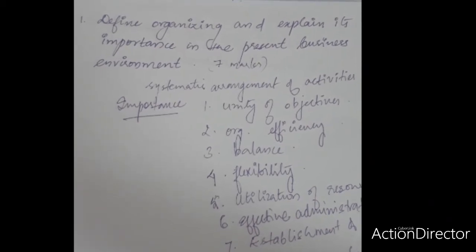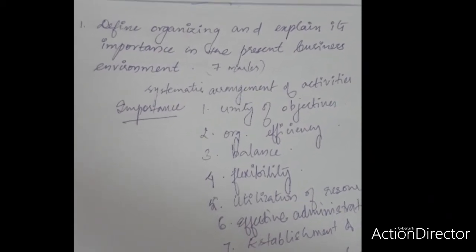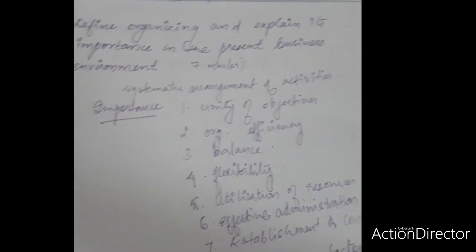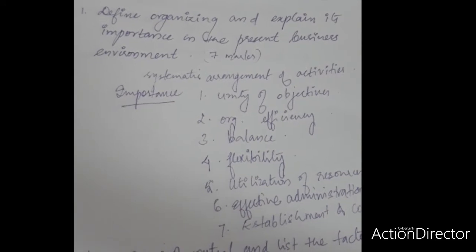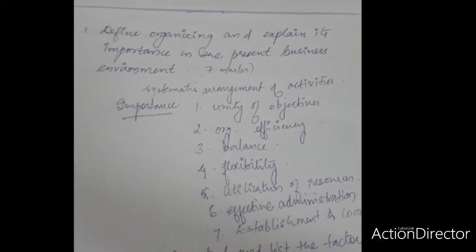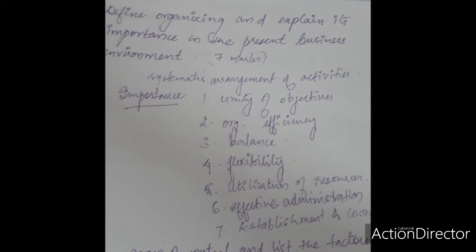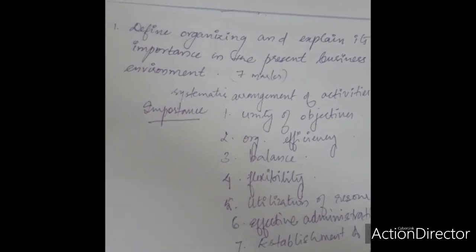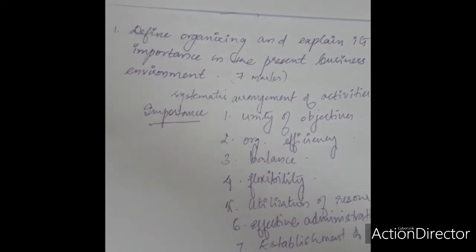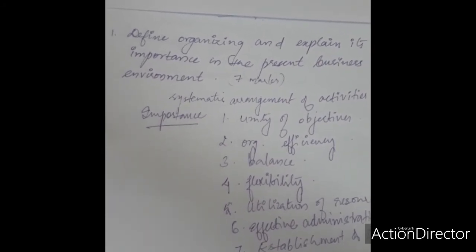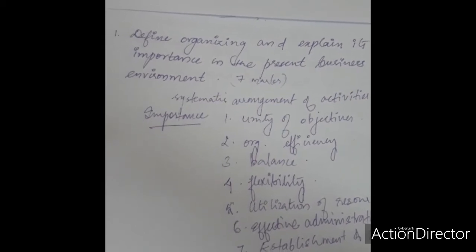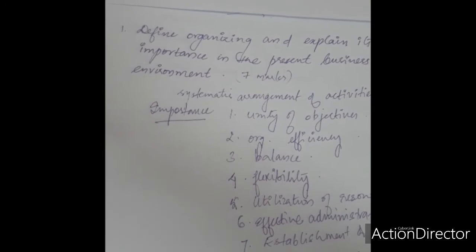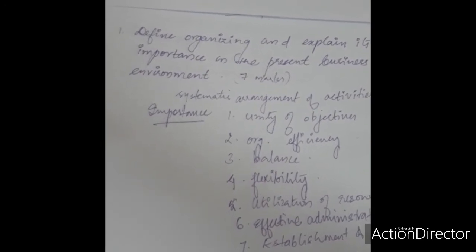Now I'm going to explain the importance of organizing in the present business environment. So firstly, the first point is unity of objectives. Unity of objectives in the sense an enterprise must have a well-defined objective for the organization, and the structure is effective if the contributions made by the individuals in the enterprise will attain the objectives of the enterprise.